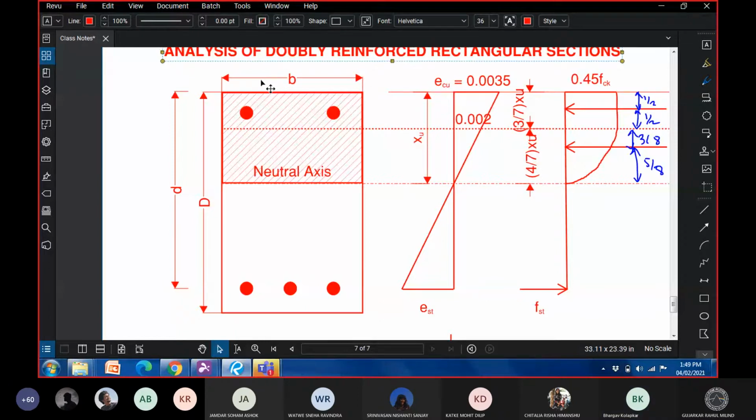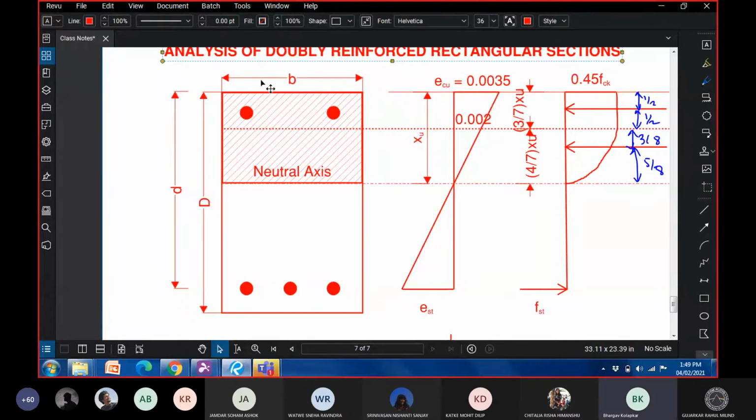Normally, steel is provided in concrete beams to resist tension.